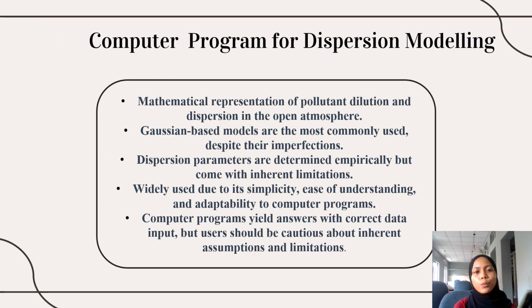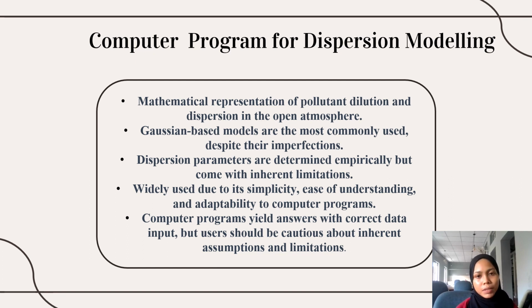Next, what is actually the computer program for dispersion modeling? It is the mathematical representation of pollutant dilution and dispersion in the open atmosphere. Earlier in this topic, we calculated from the Gaussian dispersion model equation, which is commonly used, although it has its own imperfections.